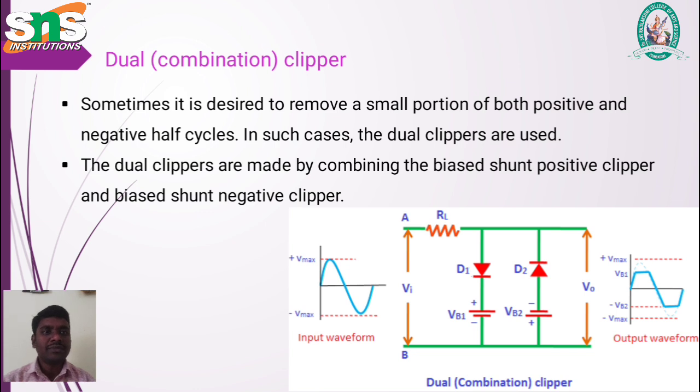The dual clippers are made by combining a biased shunt positive clipper and a biased shunt negative clipper. The combination of these two circuits is called the combination clipper or dual clipper. If we supply an input sine waveform, part of the positive half and part of the negative half is cut off, and the remaining waveform looks like this.